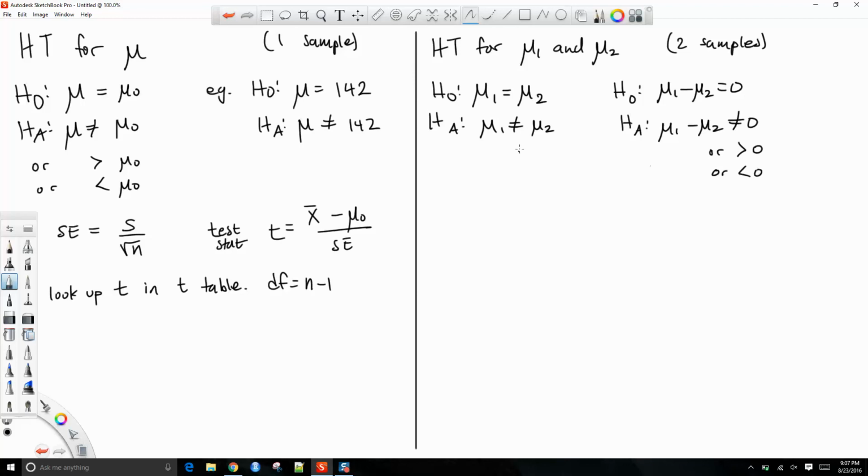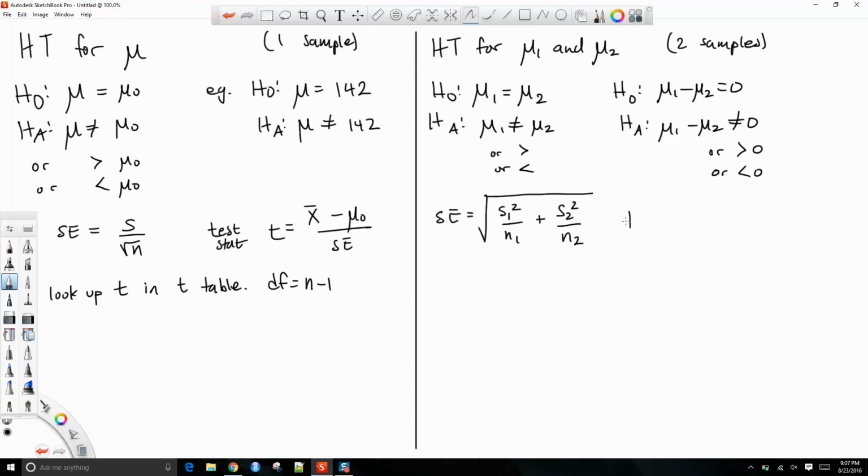The standard error in this case is the square root of s1 squared over n1 plus s2 squared over n2.